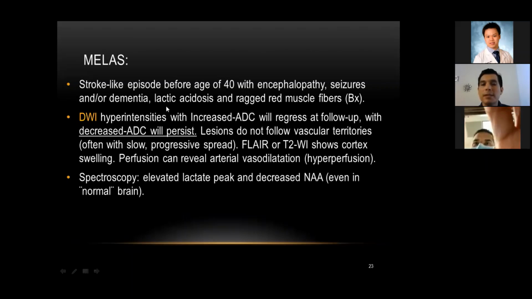But in this case, lactic acidosis is one main feature, and ragged red muscle fibers in biopsy. So in DWI, hyperintensities with increased ADC will regress on follow-up, but in case of decreased ADC will persist. This is properly a cytotoxic edema. But lesions do not follow vascular territories. It's not a classic stroke.